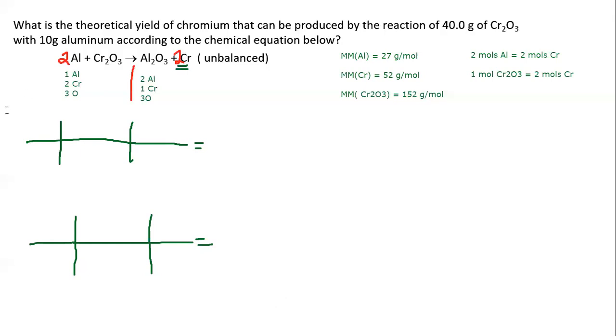So first we're going to do aluminum converted to chromium. So we have 10 grams of aluminum. Since we're starting with mass, to convert it to moles, we divide by the molar mass. Now we use the mole ratio. Since we're starting with aluminum, it's going to go on the bottom, chromium goes on top.